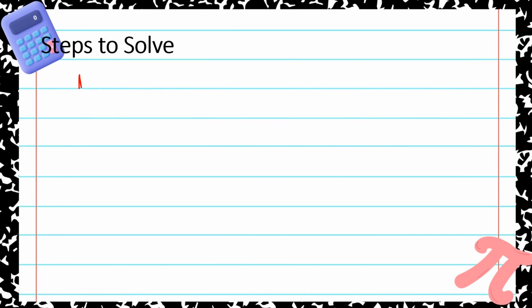Just like solving absolute value equations, we're going to get the absolute value symbols, with the expression that's in it, all by themselves as the very first step. So we're going to add or subtract if necessary, multiply or divide if necessary to get the absolute value symbols alone. We're then going to write two inequalities. But when we write them, we're going to get rid of the absolute value symbols and write our original.